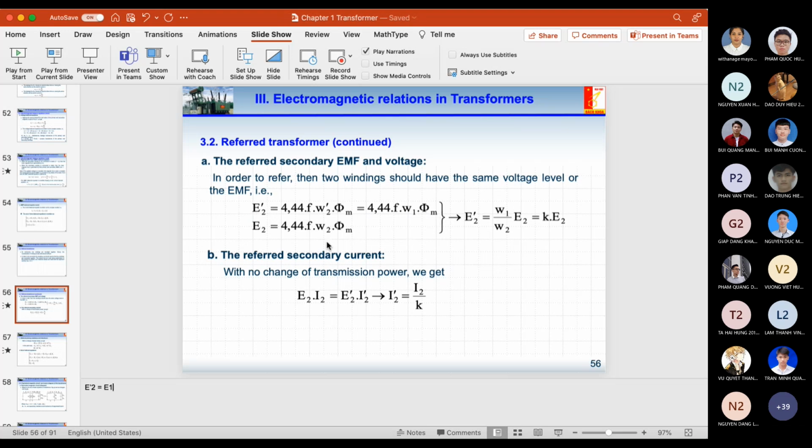Otherwise, the parameter before doing conversion, E2, is equal to this.